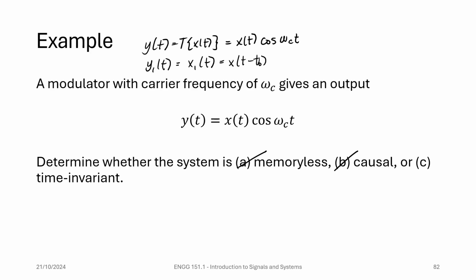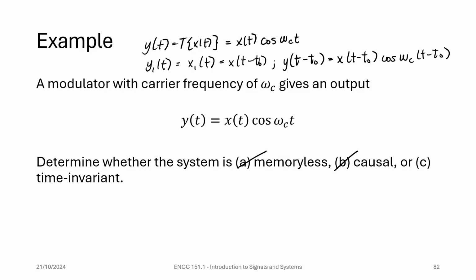Then y of t minus t naught, because our x1 of t is represented with t minus t naught, is equivalent to x of t minus t naught cosine omega c of t minus t naught.